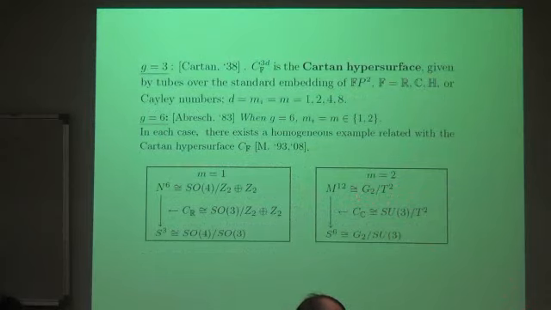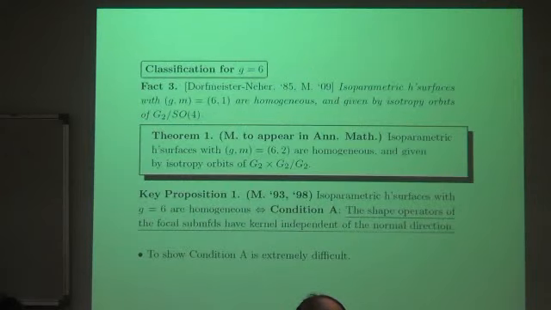And the way of the proof is just to show an equivalent condition, which is called condition A. So I have already proved that isoparametric hypersurfaces with 6 principal curvatures are homogeneous if and only if condition A is satisfied. What is condition A? This is to say the shape operators of the focal submanifolds have kernel independent of the normal direction.